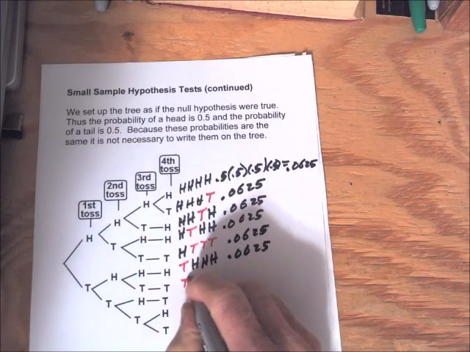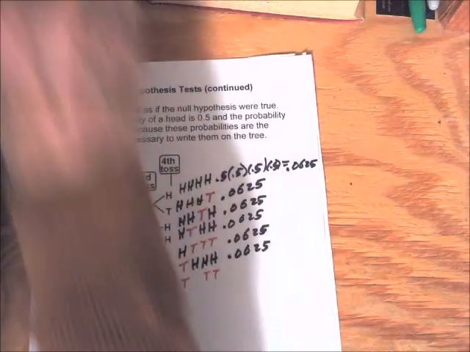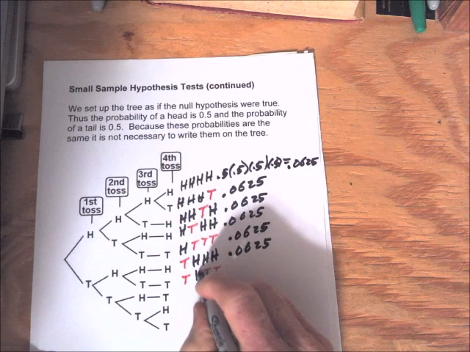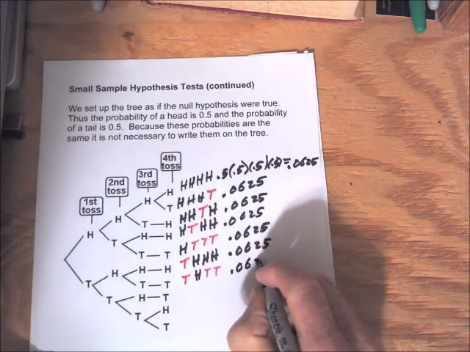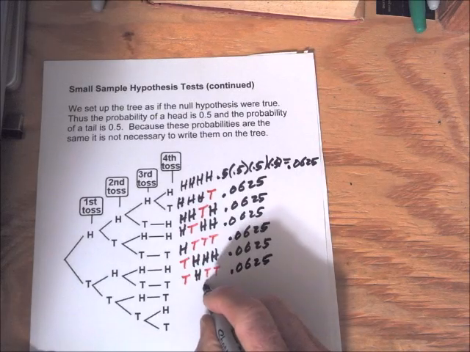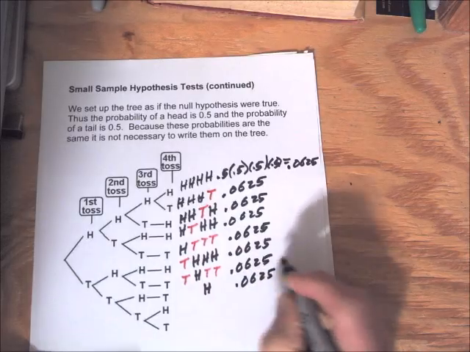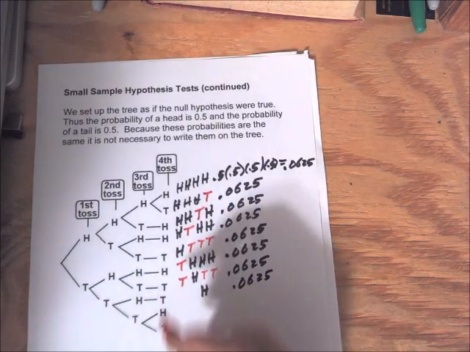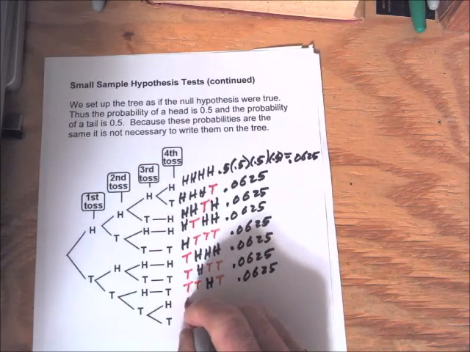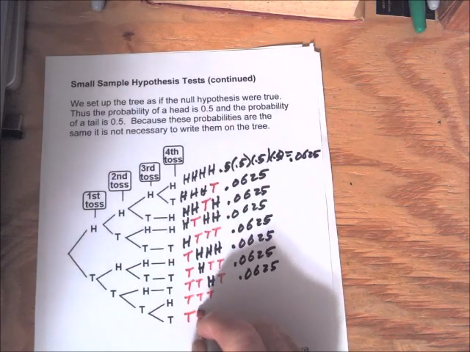Tail followed by a head and 2 tails. Two tails followed by head followed by tail. Three tails followed by head, and the bottom one's going to be four tails.